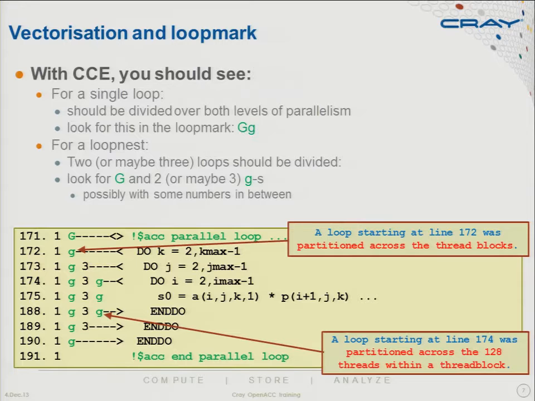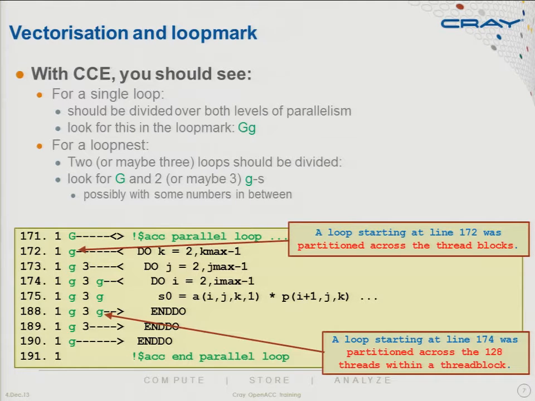In some cases, you might see 3 little g's because it's using the worker level as well. But if you only see 1 little g and you haven't got a single depth loop nest, you've got a problem. If you've got a single depth loop nest, you'll see 1 little g, and these 2 messages should be all together, that it's partitioning it over both levels. If it's not using both levels, you've got a problem.